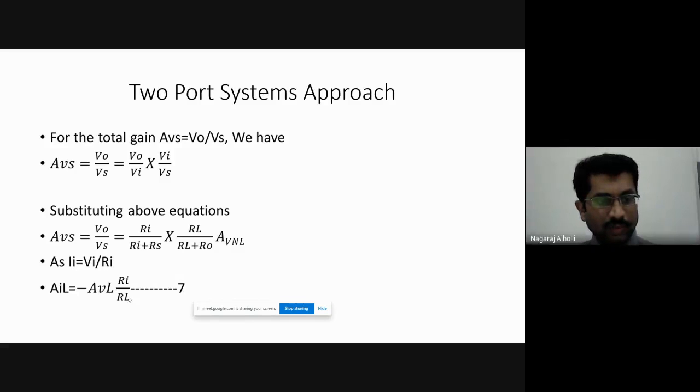Now, how will be the terms here? In this equation, note down this equation first. AIL is equal to minus AVL into RI by RL. This equation 7. Then, what is AIL here?